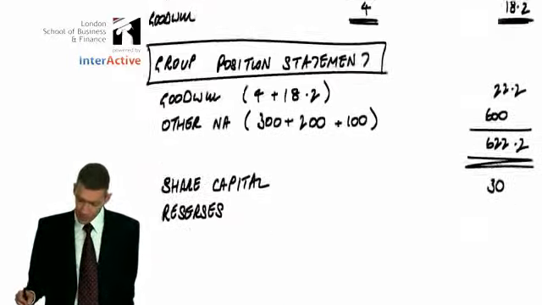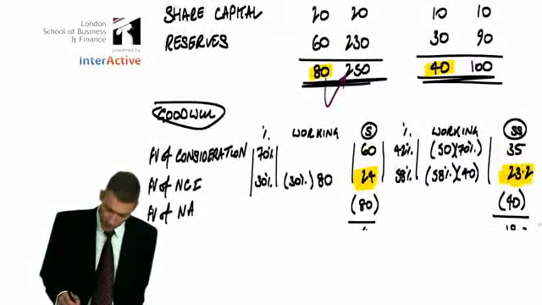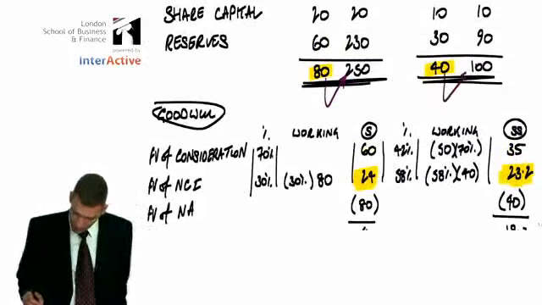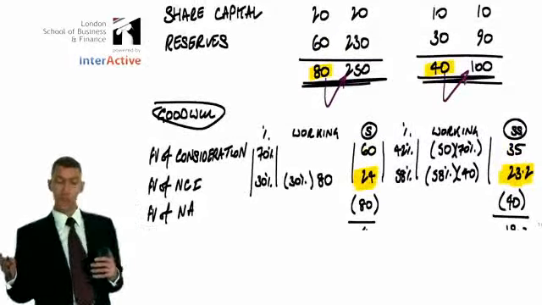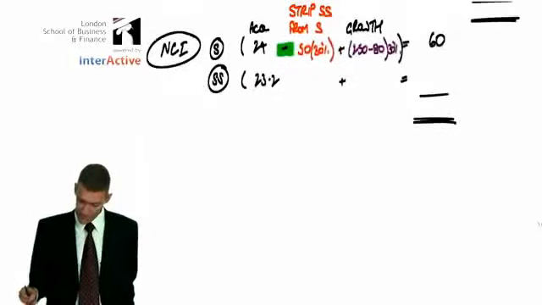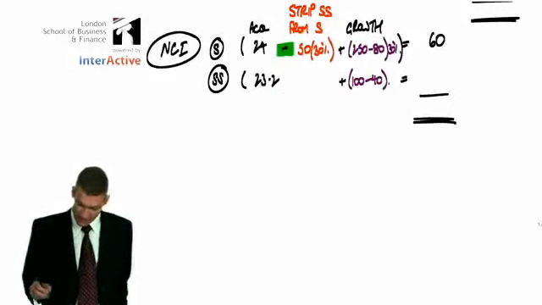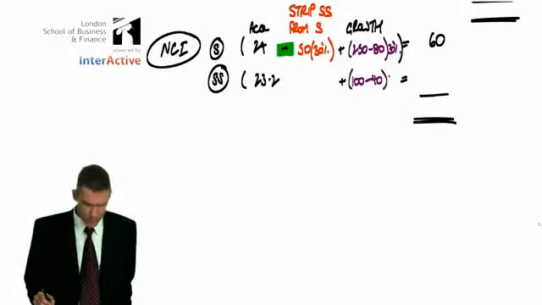So sticking with the idea of using purple, the growth in the sub-sub is from 40 up to 100, 100 minus 40, and therefore 60. What are we saying here? What was the NCI ownership? 58%, wasn't it? 58.